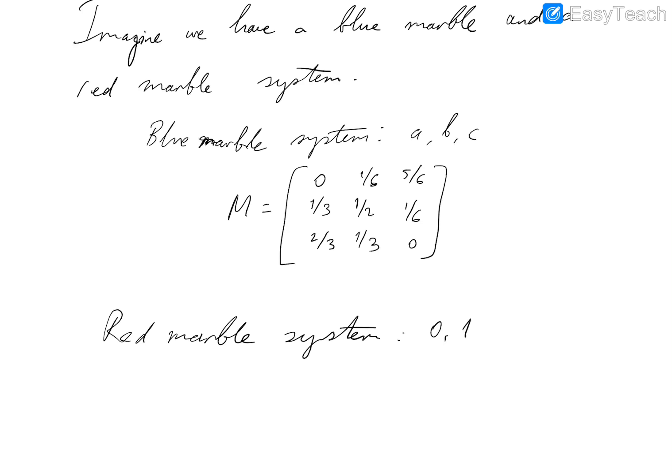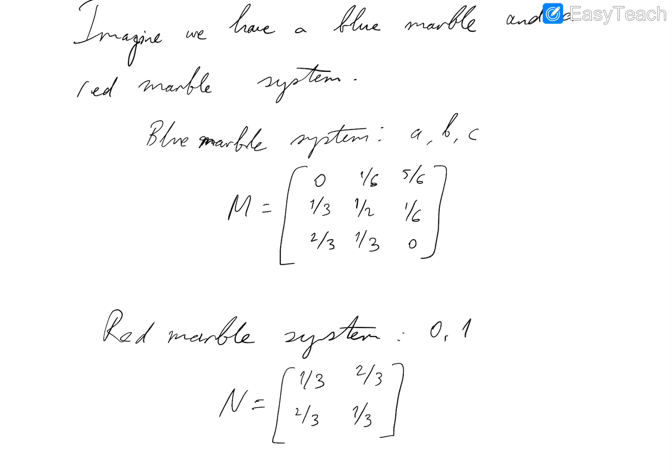And assume that we have the adjacency matrix in the red marble system defined as 1 over 3, 2 over 3, 2 over 3, 1 over 3. So notice that the outgoing and incoming edges preserve normality. So the system is normalized. The summation of the weights of the outgoing and incoming edges are both equal to 1.